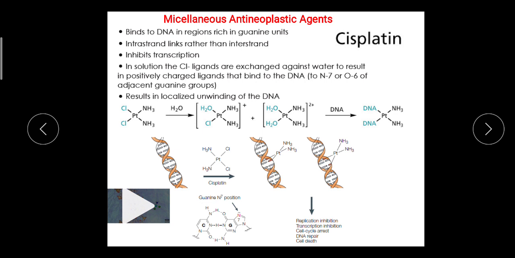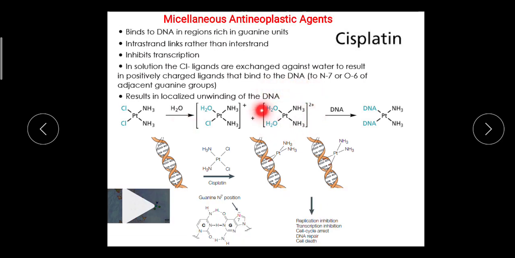Now inside the body, this chloride is exchanged with the water molecule. Chlorine is replaced by the water molecule, and that will produce the positively charged ligand.